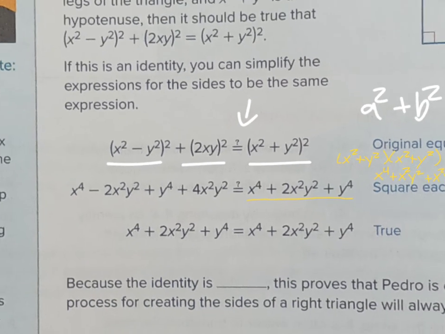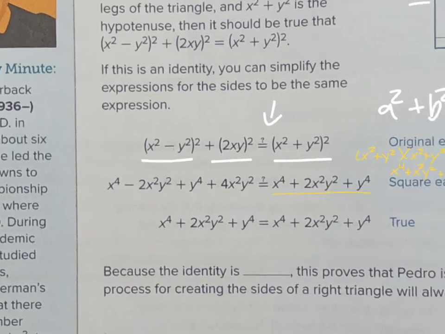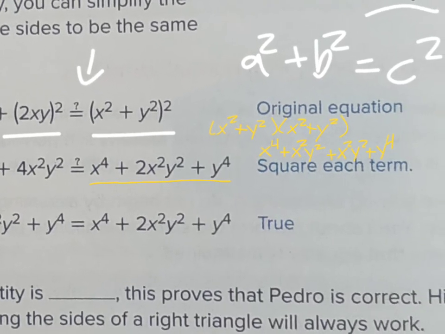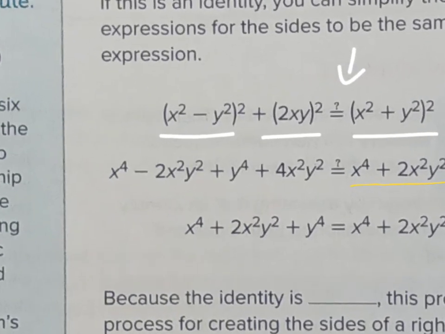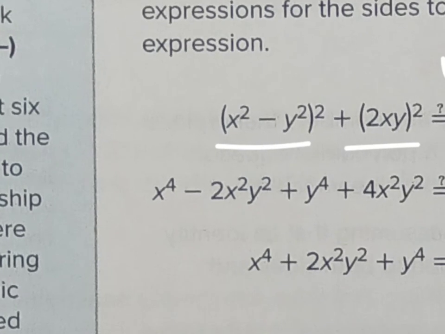Right? So again, did we all see what's going on? Now we're squaring two different things. You still multiply it by itself. So then we have x squared minus y squared times x squared minus y squared.